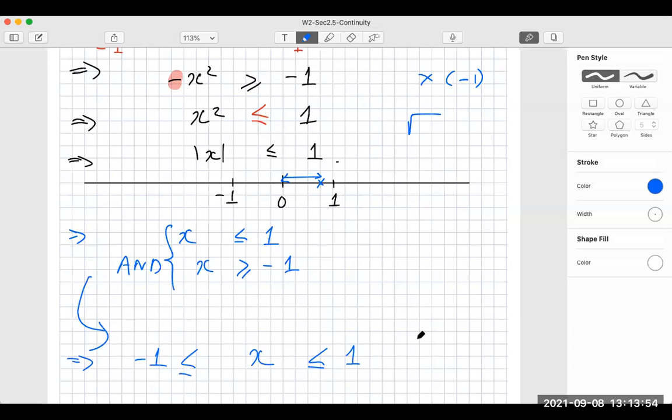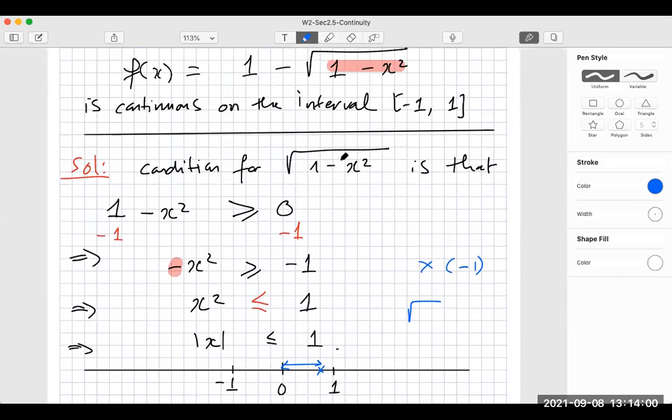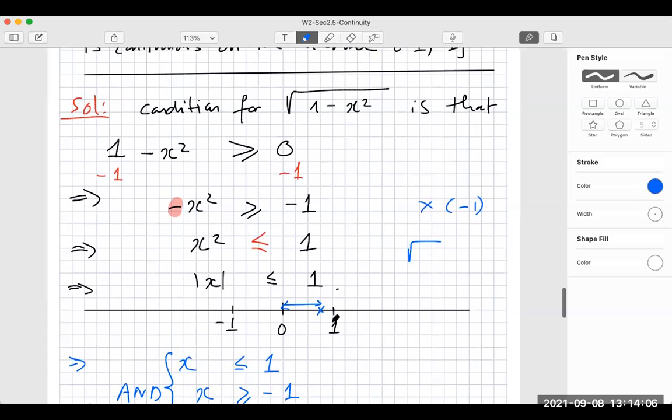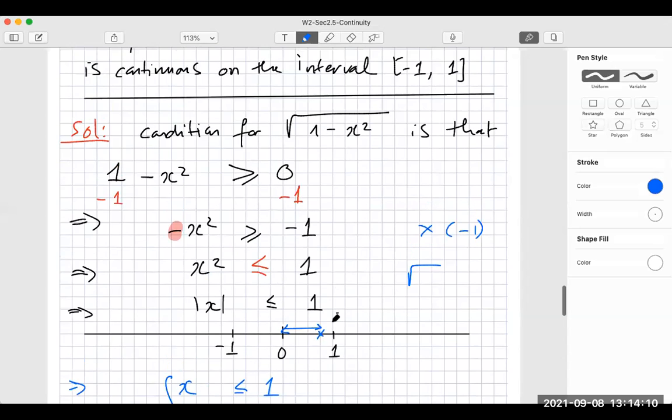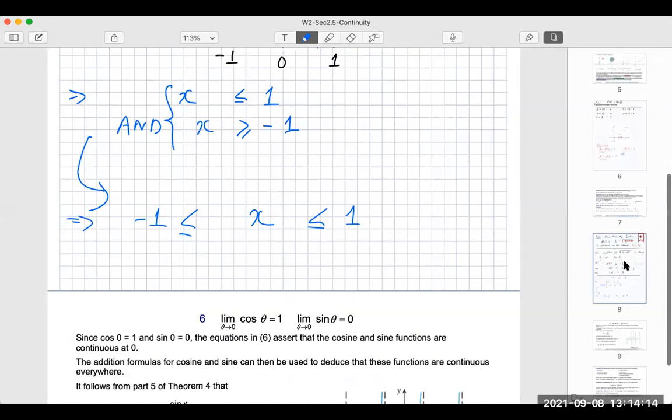In other words, we do some algebra, and we know that this function is defined when x is larger than or equal to -1 and smaller than or equal to 1. So therefore, what?